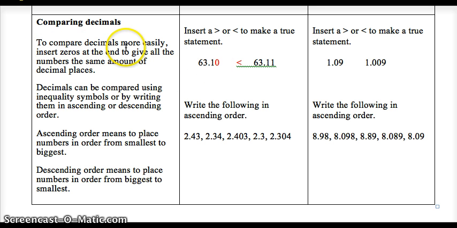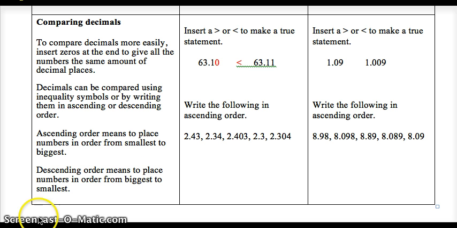To compare decimals more easily, you can insert zeros at the end of decimals because it doesn't change their value. If they've both got 2 digits after the decimal point, you can compare them a lot easier by reading 63.10, 63.11, and then we know that the 11 one is bigger than the 10 one. So remember, the big open mouth faces the bigger number.